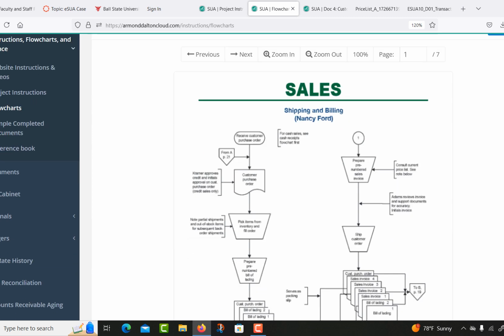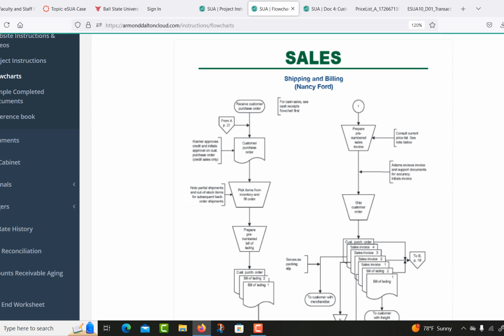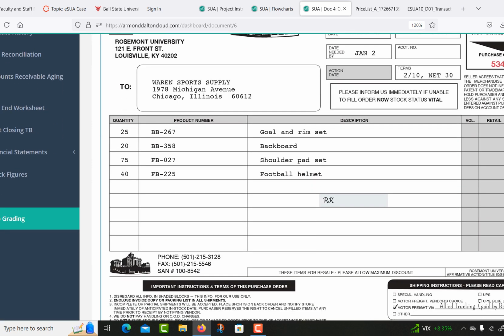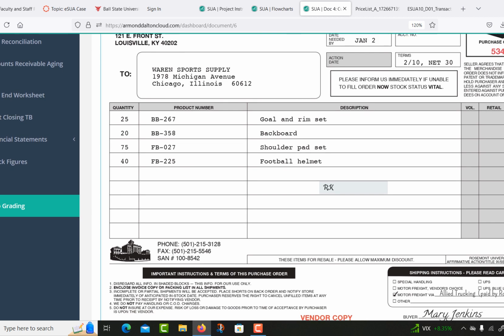So that's what we want to do. So we go back to the document number 4, and I had a signature on here, but it really should be initialed. But once you do that on this customer purchase order, you don't really need to do anything else except to take note of what they're ordering.